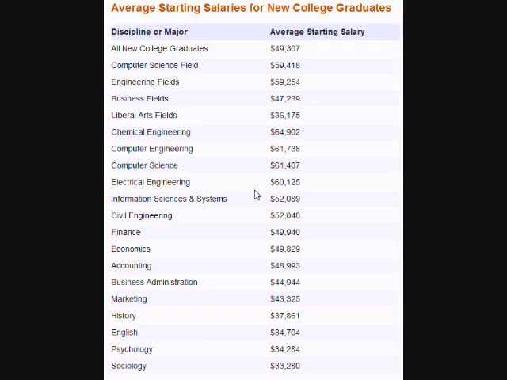As you write down your ideas, I looked up the average starting salaries for new college graduates. This is important for me as I look up majors that I want to have available at the college that I will be working at. This is incredibly important because what I want is to give you guys an estimate of how much you will be earning by the time you graduate school.